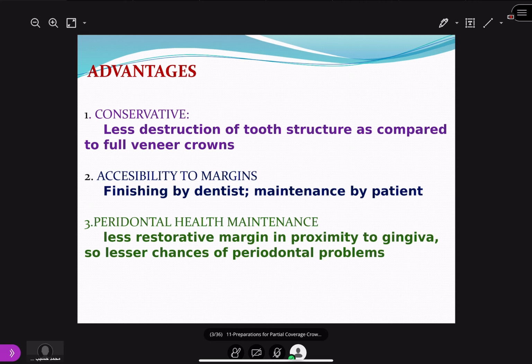The third advantage for the partial coverage crown is periodontal health maintenance. There is less restorative margin in proximity to the gingiva because in a partial coverage crown we will provide a supragingival finish line. So it is easy for the dentist to finish it, and it is easy for the patient to keep it clean. So there are fewer chances of periodontal problems.